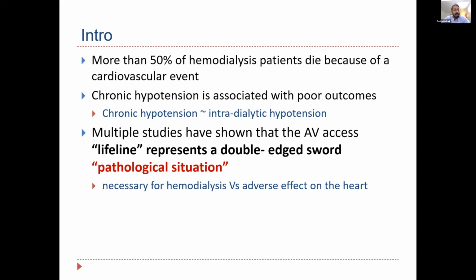Something which I picked up from this ASDIN was the term pathological situation. Our fistula creates a pathological situation where on one side it is required to continue hemodialysis and for the survival of the patient. And on the other side, you know that the fistula creates a hostile environment and has an adverse effect on the heart.